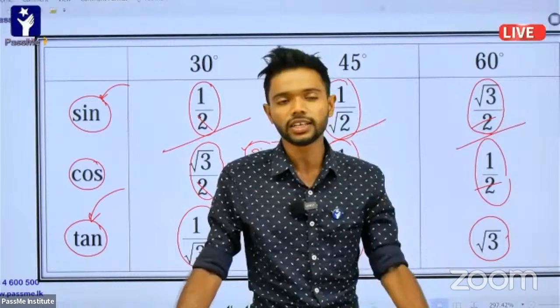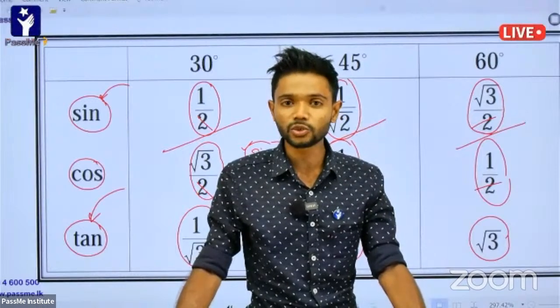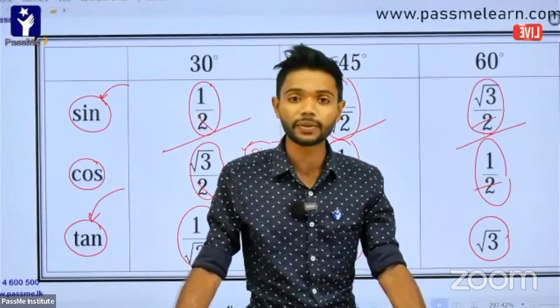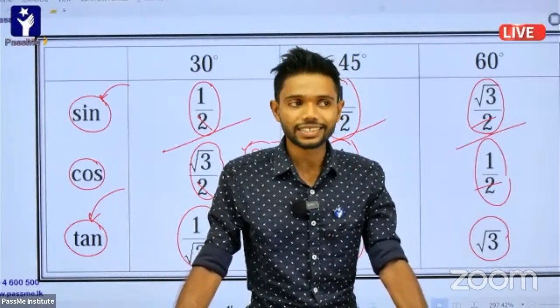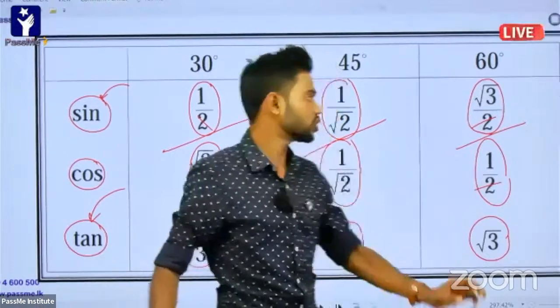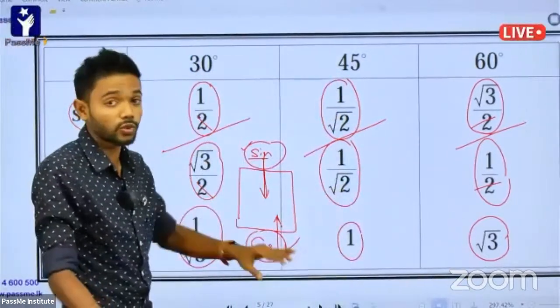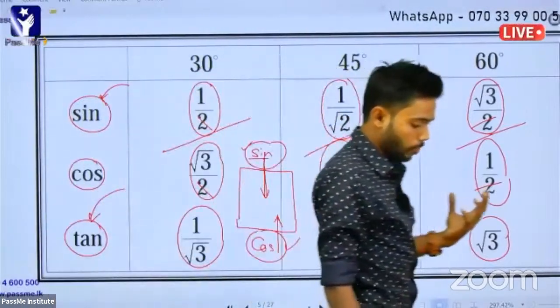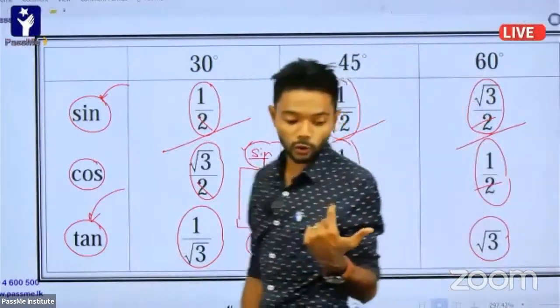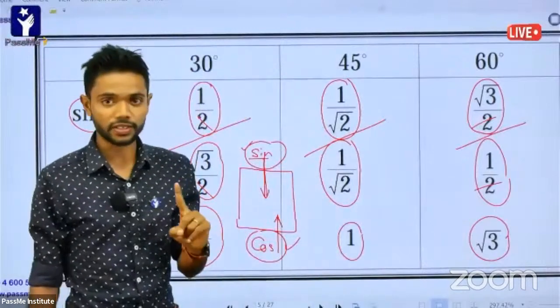A small book. You can use that one only for the second paper, not for the first one. Therefore, it is very essential to remember these values because you are not allowed to use the sine, tan or cos table for the first paper, right?